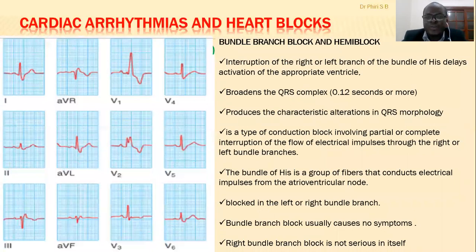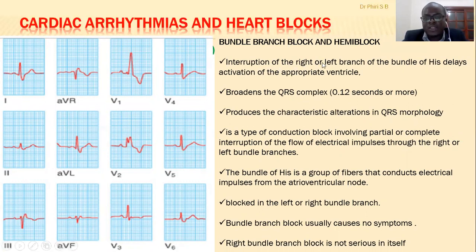Then you have bundle branch blocks or hemiblocks. So you're looking at maybe the left bundle branch or the right bundle branch, or the anterior or the posterior fascicles of the left bundle branch. What happens when you have bundle branch blocks or hemiblocks?